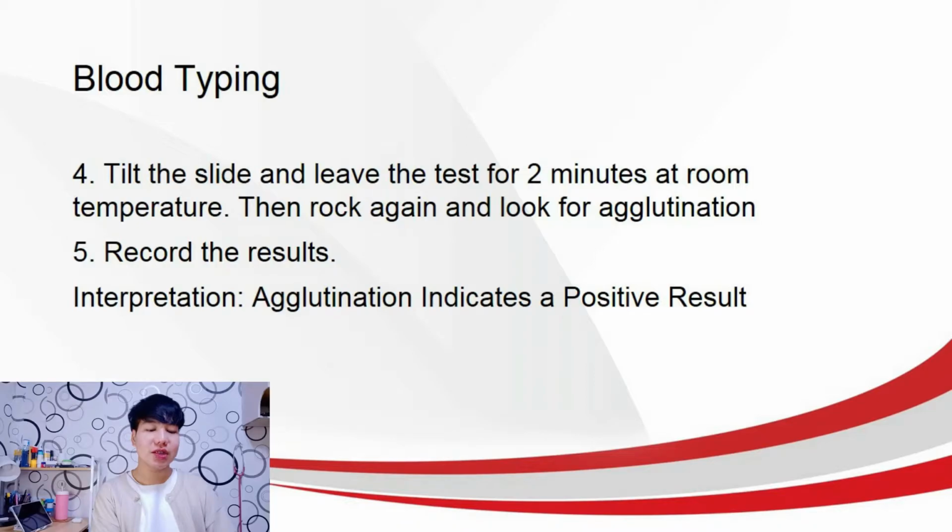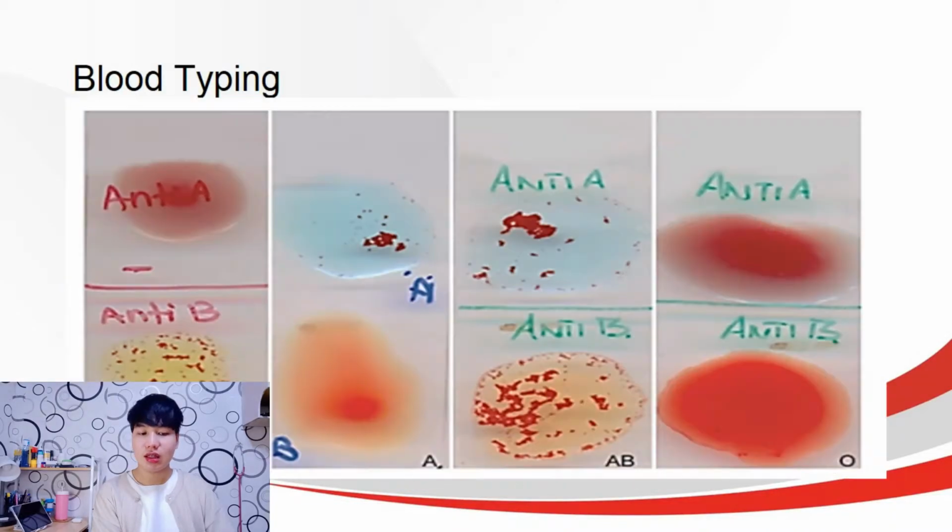As for the interpretation, the presence of agglutination on the slide indicates a positive result. So generally, blood typing result looks like this on the slide. So this is actually forward typing wherein, if agglutination is visible on anti-A and red cell suspension mixture, it indicates that the patient's blood type is A. Same principle applies to the anti-B and the red cell suspension mixture.